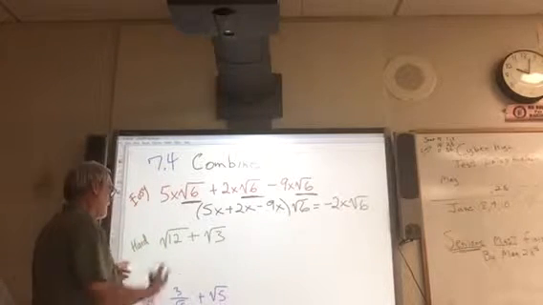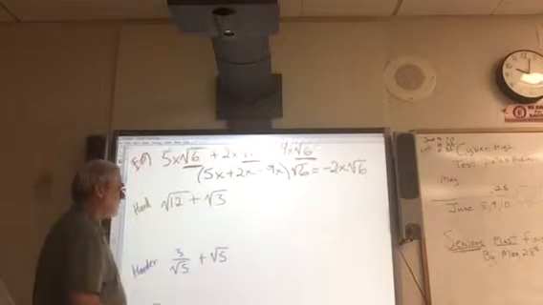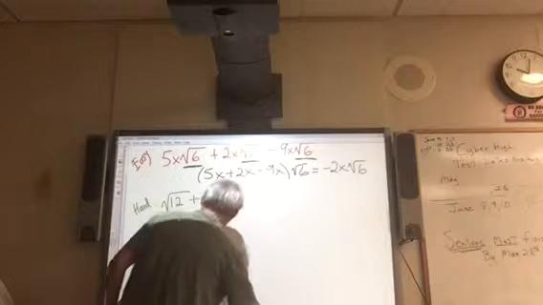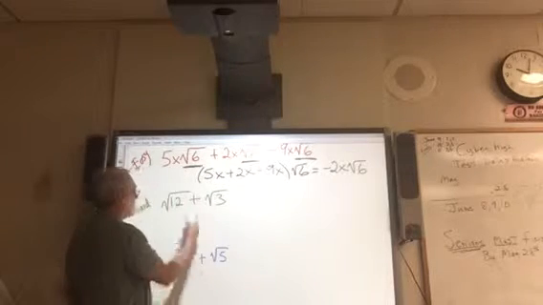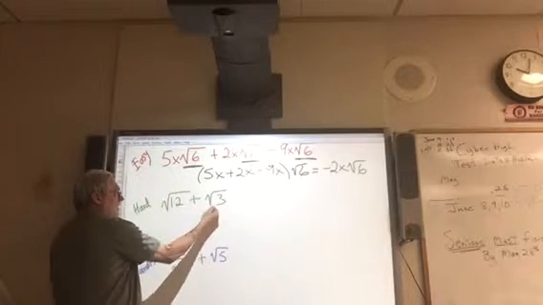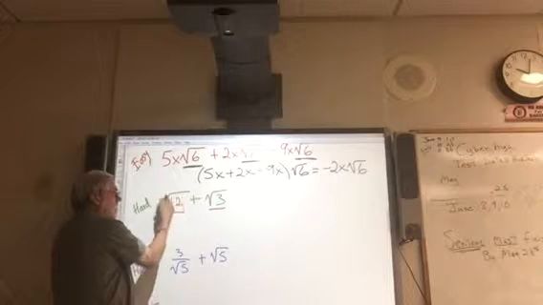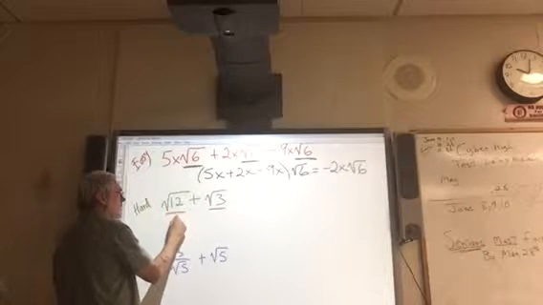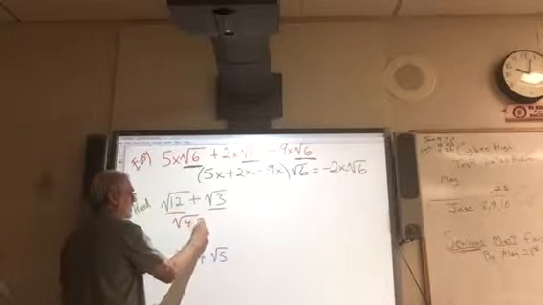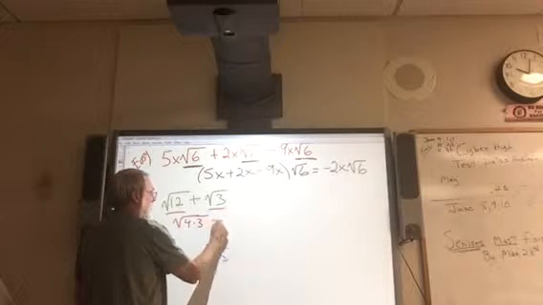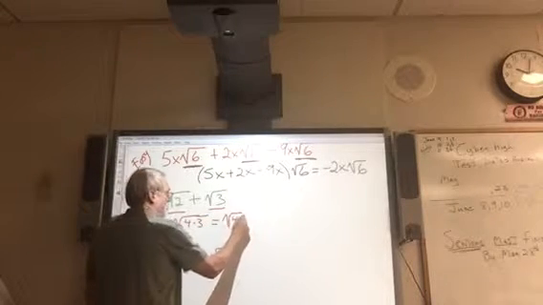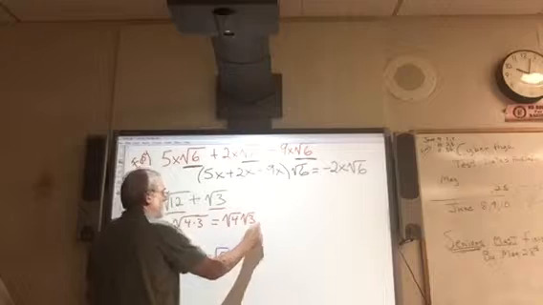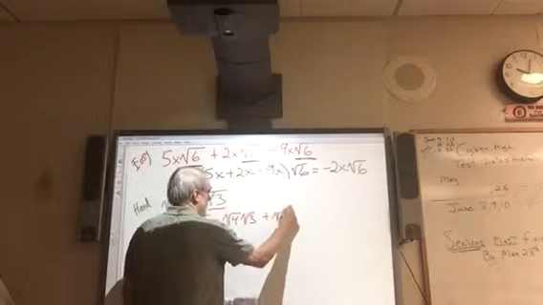Here's the hard one, a little bit harder. What do we have to do in this case? Well, we can't really do it, because they're different, right? But look at this. We can actually change this first to the square root of 4 times 3, which becomes the square root of 4 times the square root of 3, plus the square root of 3.